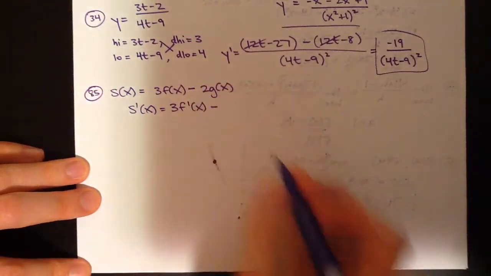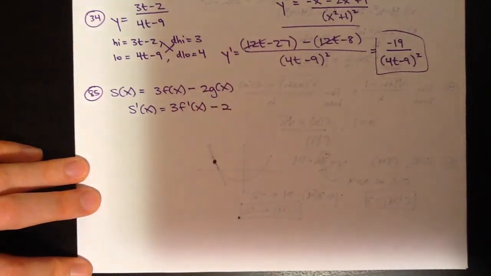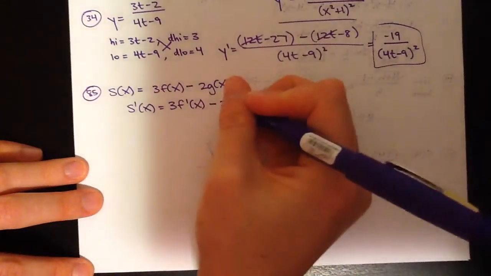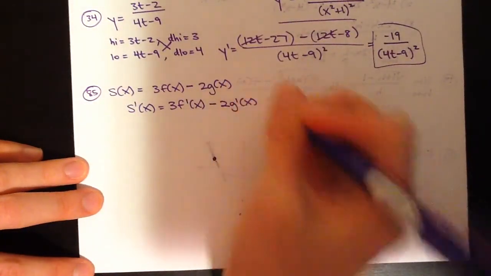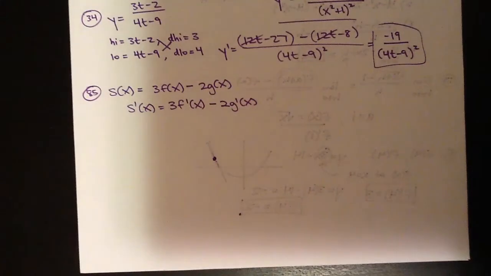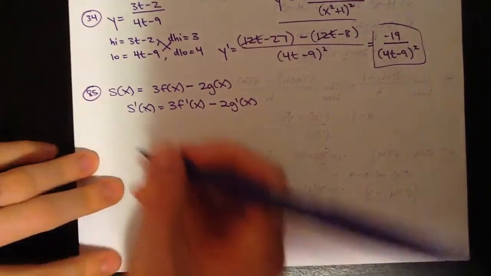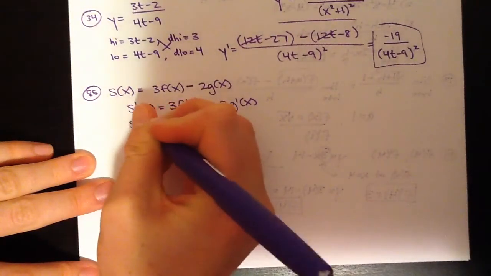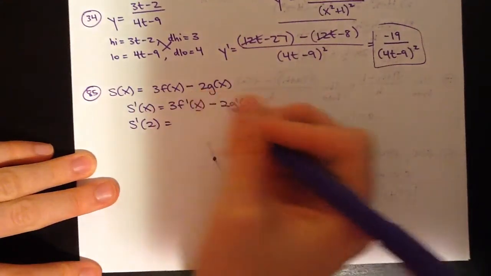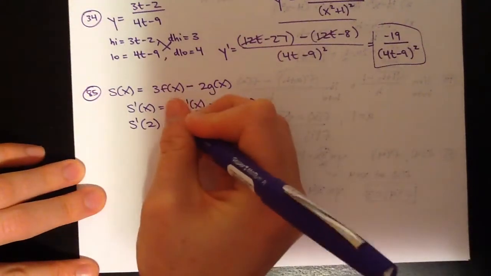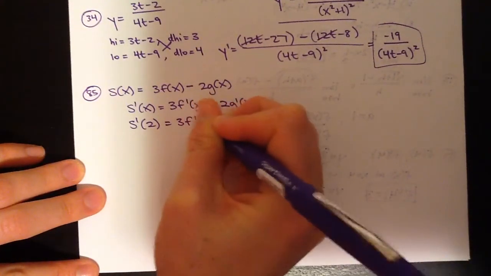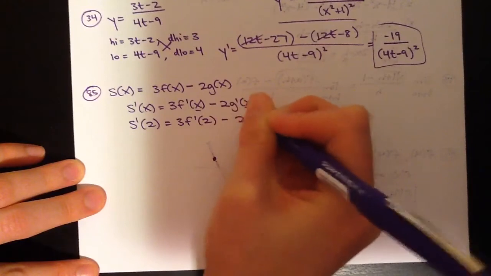And then minus, again, constant multiple rule says the 2 just stays out front, and the derivative of g of x is just g prime. So it's all done in generic notation, which is totally fine, because what they're looking for is the derivative at x equals 2. So we want s prime of 2, which means everywhere we have an x, here and here, we replace it with a 2.